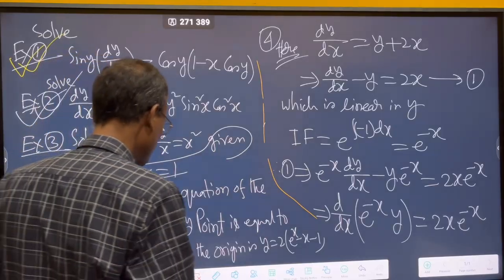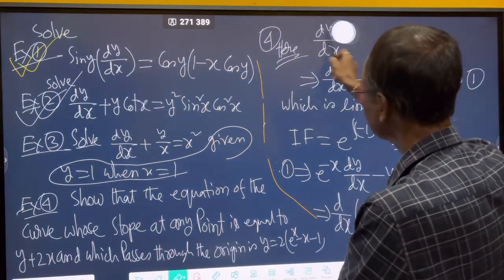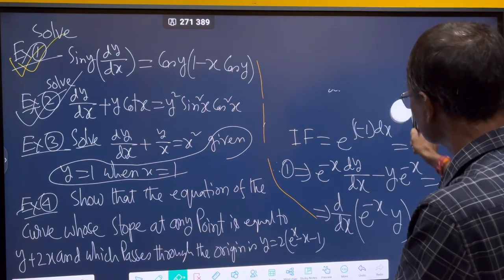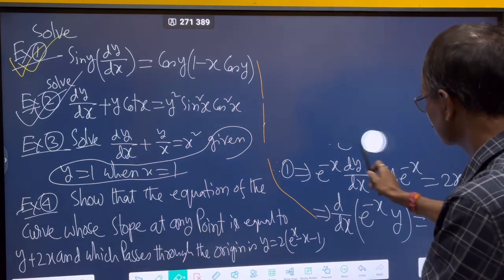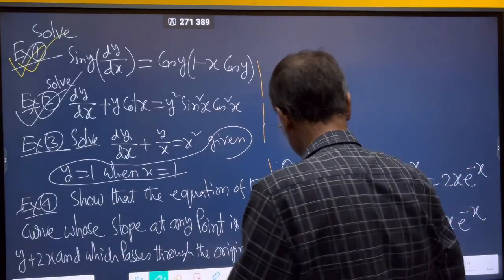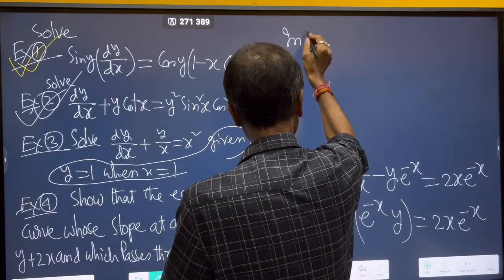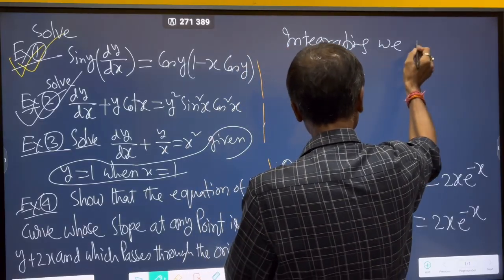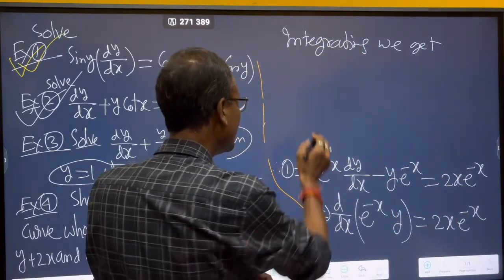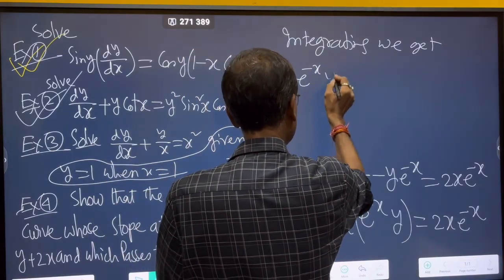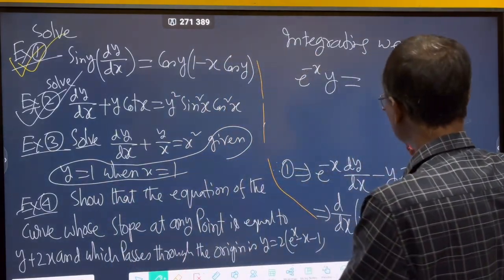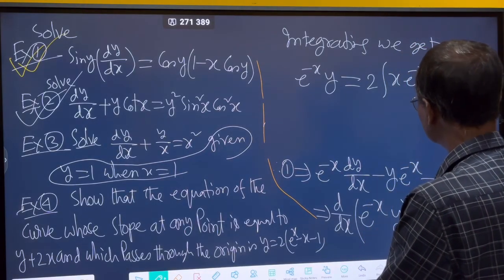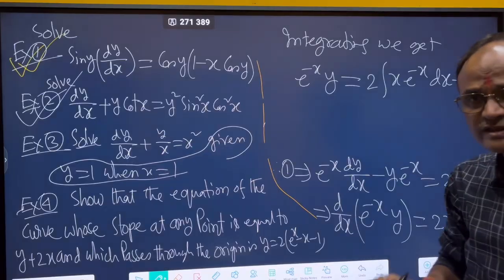Integrating, we get e to the power minus x into y equal to integral of 2x e to the power minus x dx plus c, where c is the constant of integration.